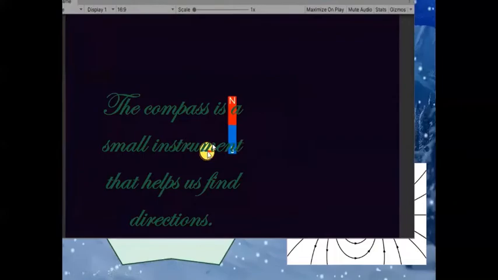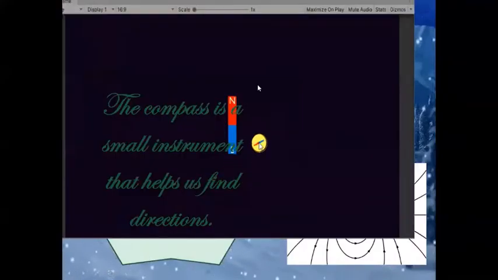As you can see, what happens? Do you see the movement? How is the compass needle moving when I rotate it around the magnet? It is moving away from the magnet, isn't it?